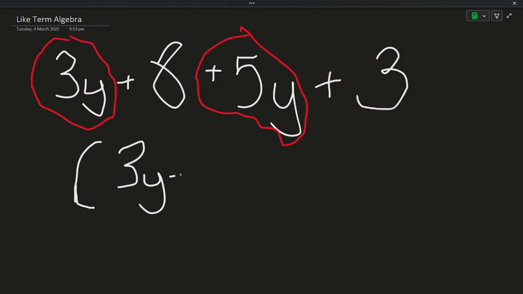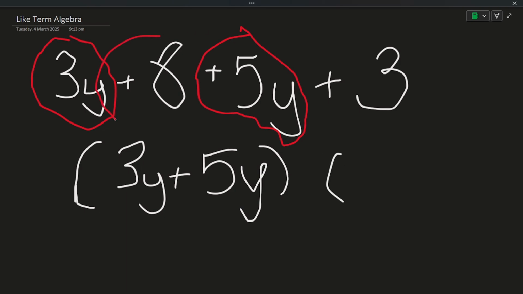So 3y plus 5y, and then you bring these two together, because they are like terms. Like terms basically means same thing or similar.